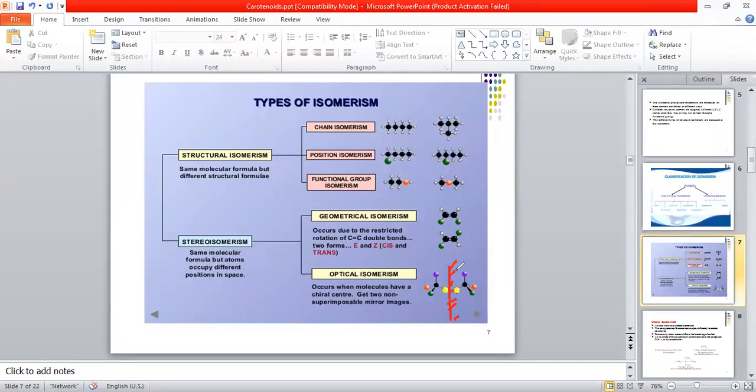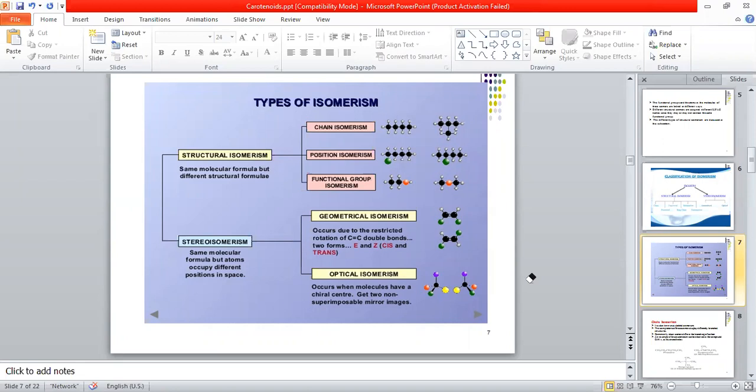Now if you put this molecule, you can see both are on the same side. Yellow in the front side, like the green, orange, purple. It means optical isomerism occurs when the molecules have a chiral center and give two non-superimposable mirror images. So this is a small description of optical isomerism, but this stereoisomerism you have to learn in the coming semester.